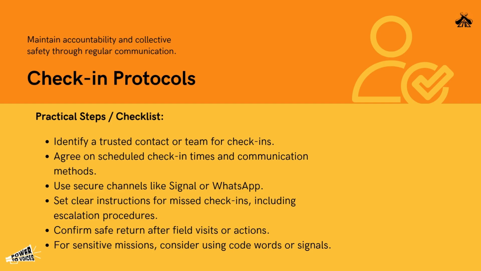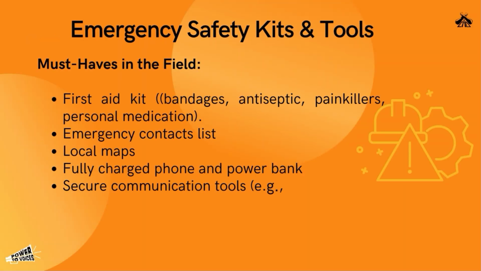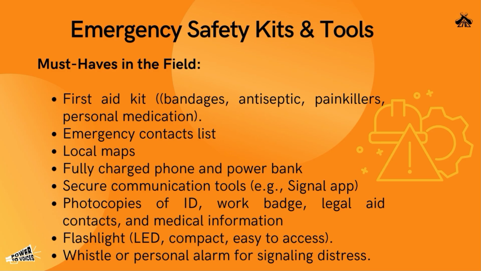Finally, let's end with knowing what to carry with you every day and what you should have ready in case you ever need to evacuate. For everyday carry essentials, you must have a mobile phone with emergency contacts preloaded, communication tools installed such as Signal app or Proton Mail.